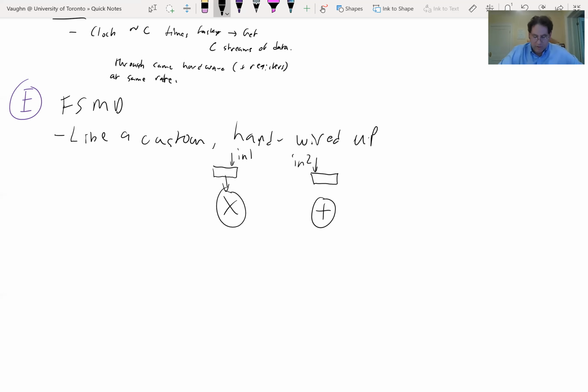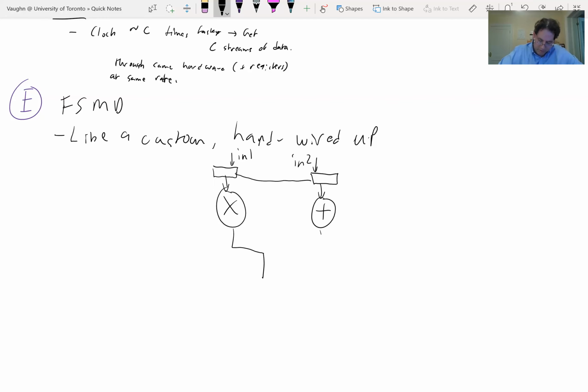So I have a couple inputs, in 1 and in 2, that could come from somewhere else in the design. I'm going to need a control signal to control these things. But to compute more complicated things, that's not the only input I can send into my multiplier and adder.